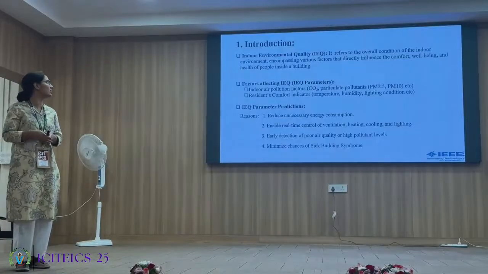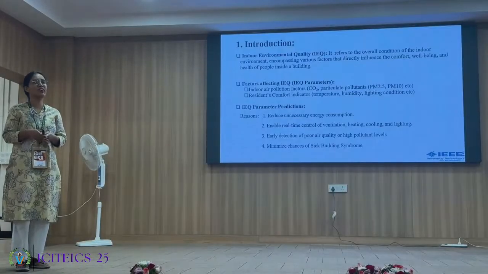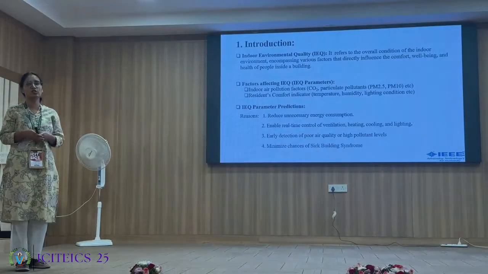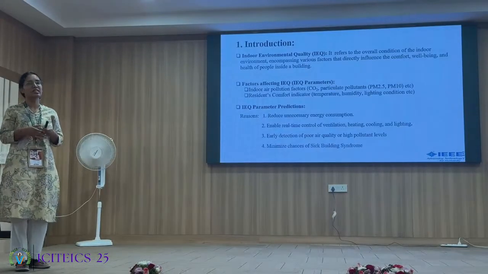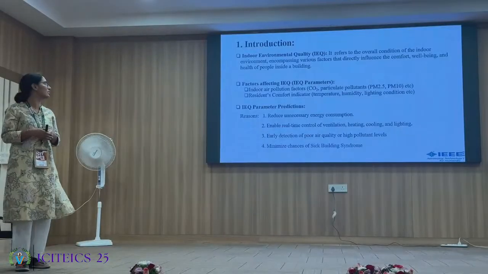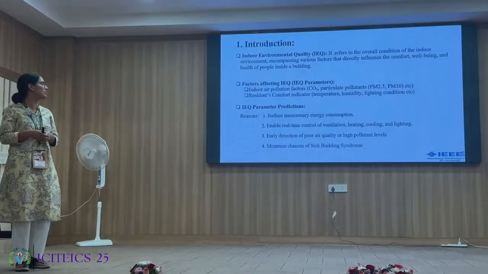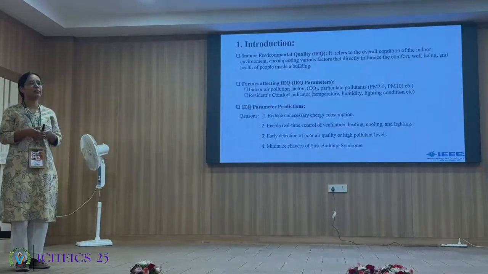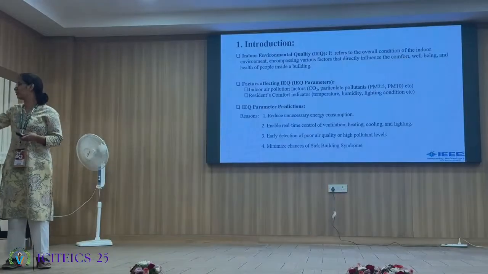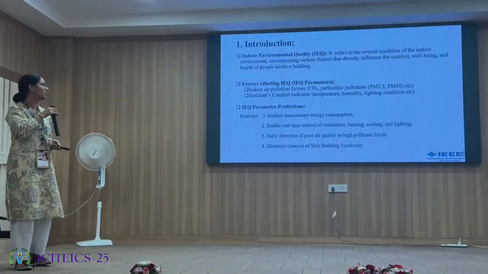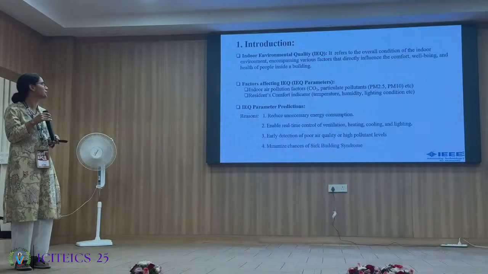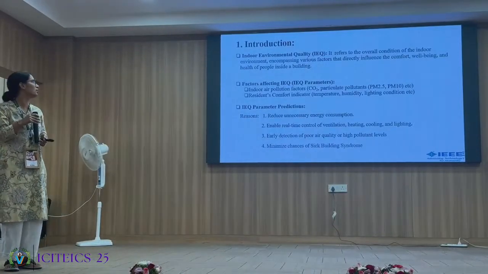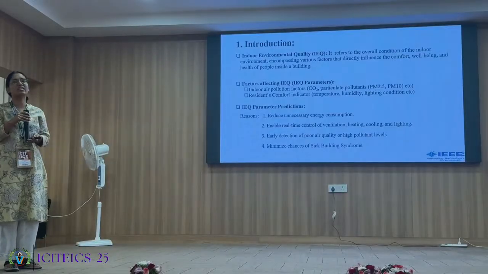First, those related to air pollution. There are particulate pollutants, PM2.5 and PM10, and the concentration of these we consider indoor air pollution factors. There are also residence comfort indicators, like temperature, humidity, or lighting conditions. So in this work, we try to predict these IEQ parameters. What's the reason behind this?